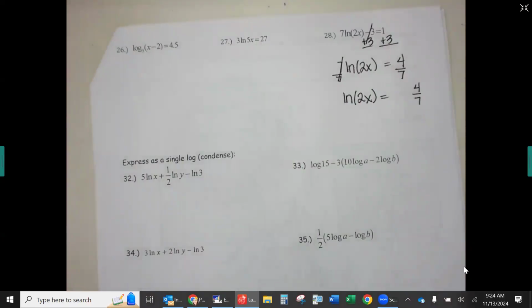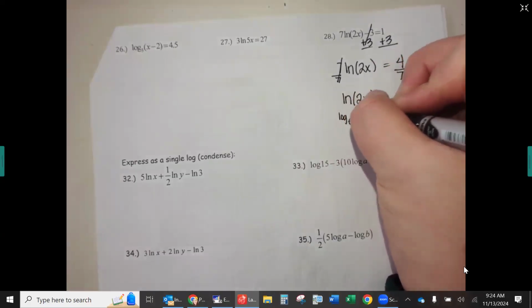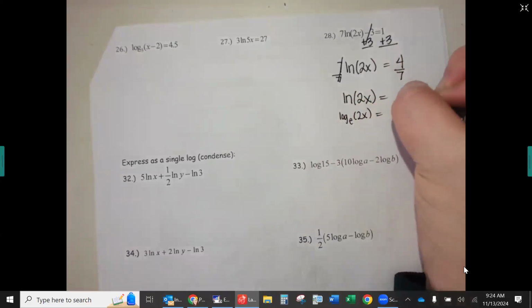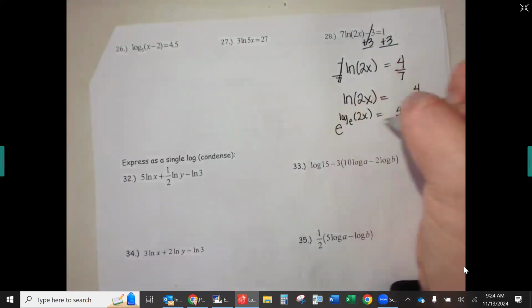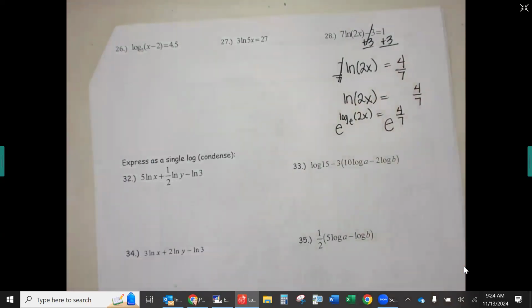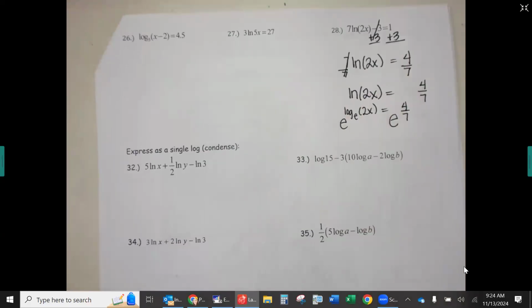Okay, remember that ln, this was in your notes last time, is the same as a log little e of 2x. So how do I get rid of a log little e on both sides, or an ln? What do I do to cancel it out? A big E. Okay, ln is a log little e, then I'm going to big E on both sides to cross it out.